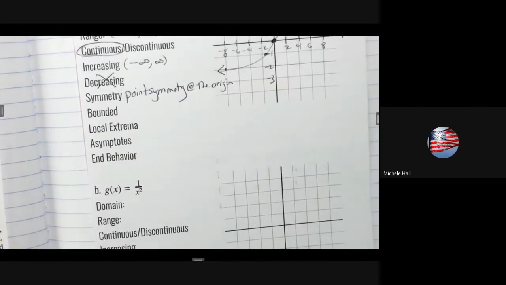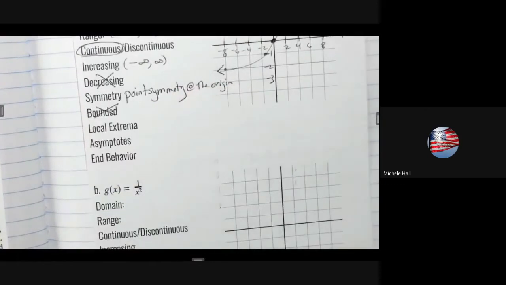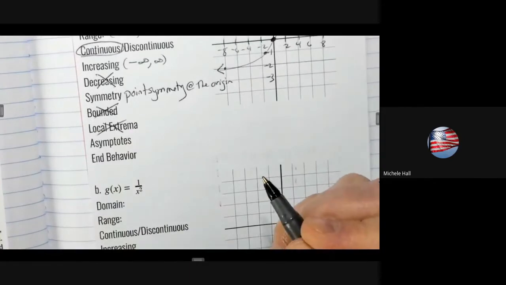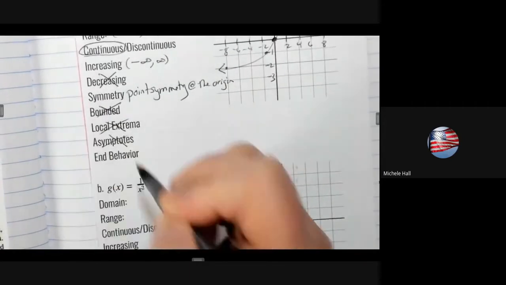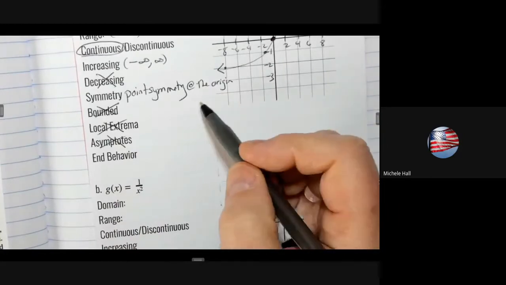This is not bounded above or below. There are no local extrema, max and mins. It has no asymptotes.